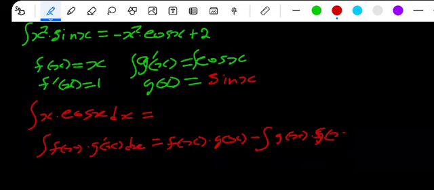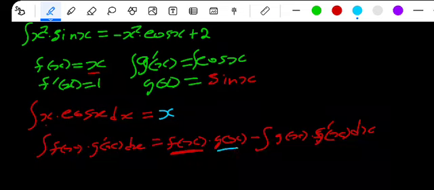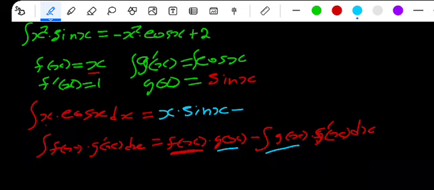F of x is x, g prime is cos x. So f of x is x, g of x is sine x, so we multiply x by sine x, minus the integral of g of x, which is sine.